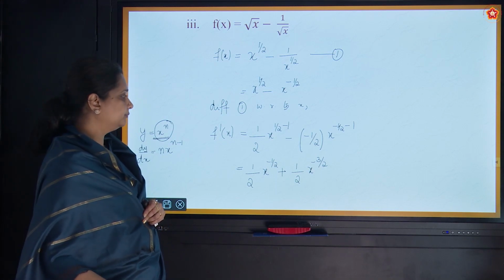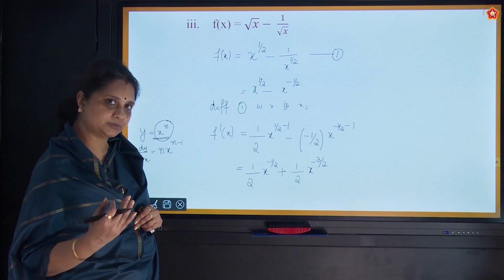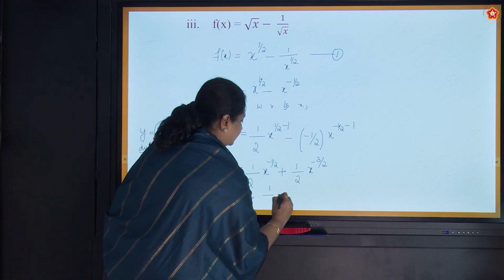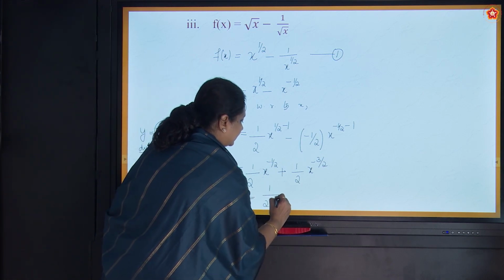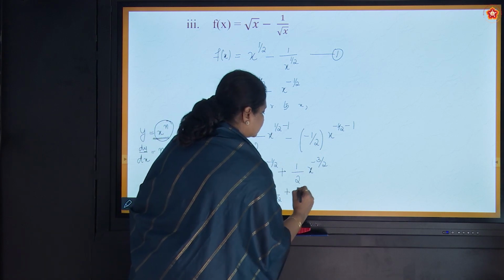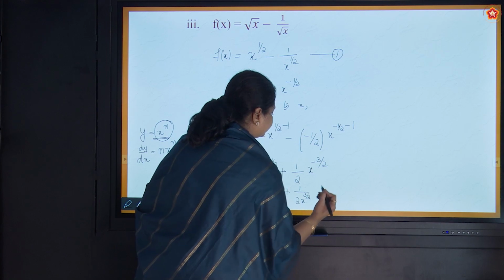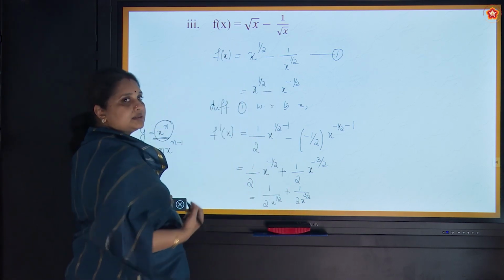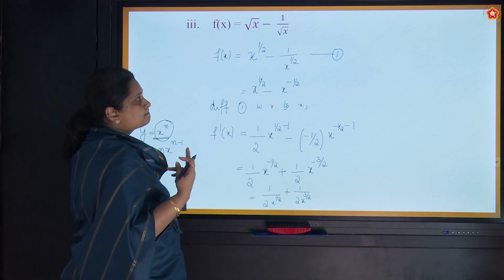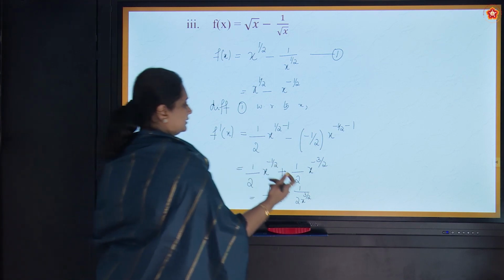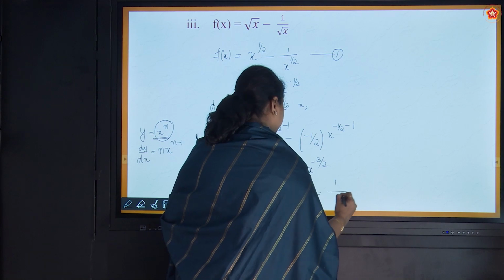As I told you, always the answers to be expressed with positive powers. So I'm going to write this as 1 by 2 x power half plus 1 by 2 x power 3 by 2. And if I see the question, it has root x in it. It is expressed as surds. I'm going to rewrite this just like how it is in the question.